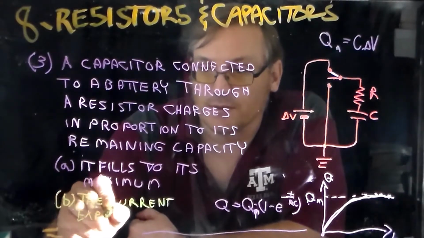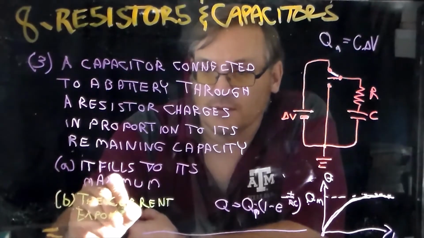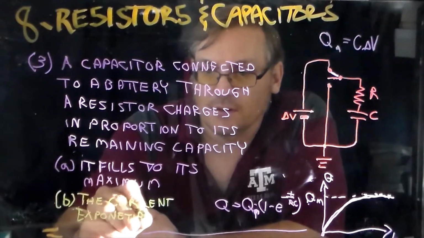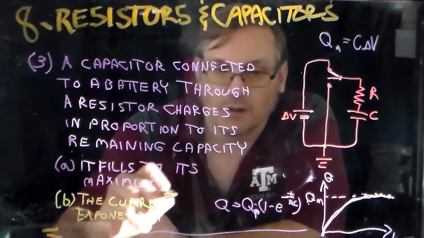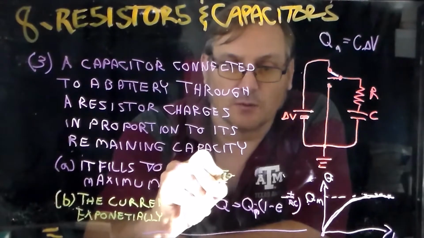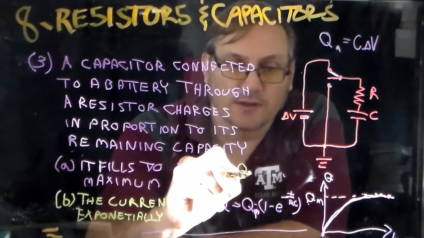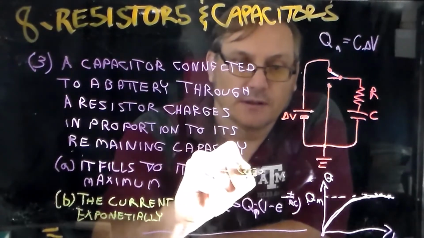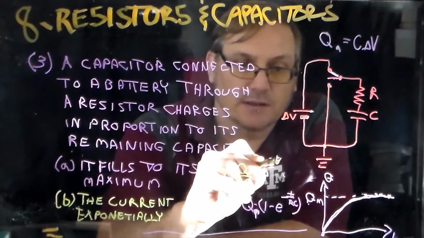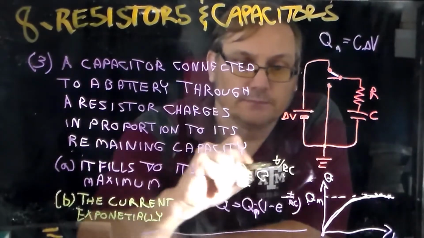It still decreases the same way it did before. So I is equal to Q max over RC times e to the minus t over RC.